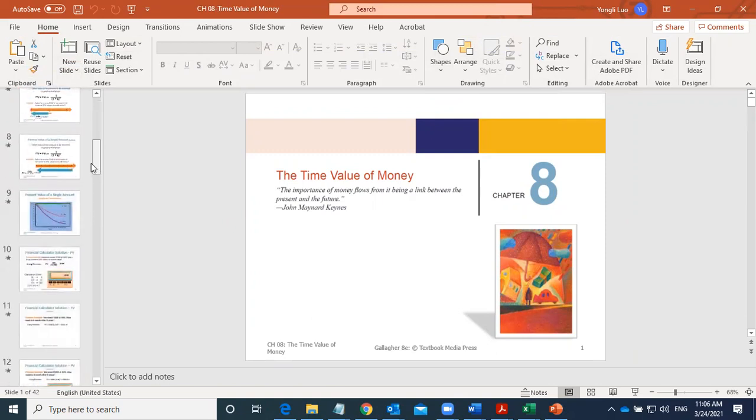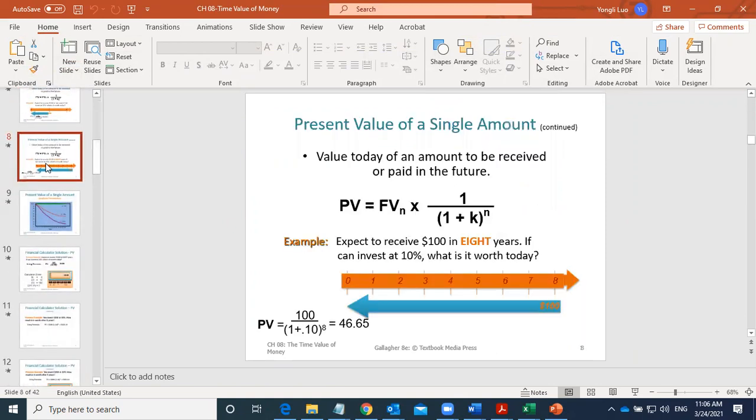Okay, so today we are going to talk about the present value. The present value is just the opposite. They give you the dollar value you are going to receive in the future, and then you calculate how much it is worth today.